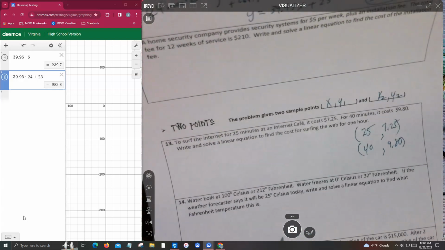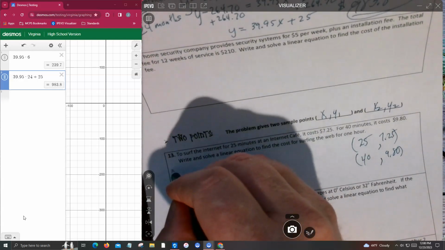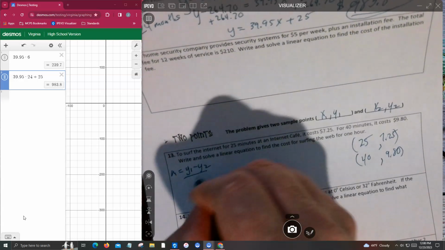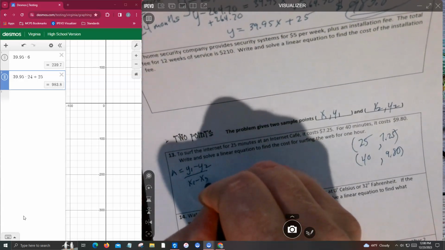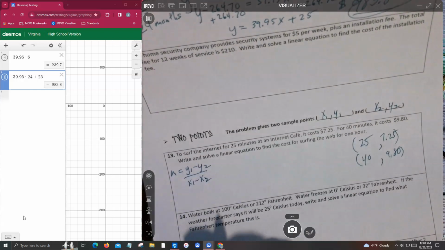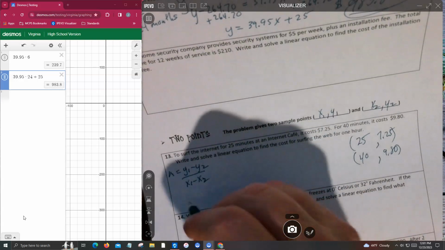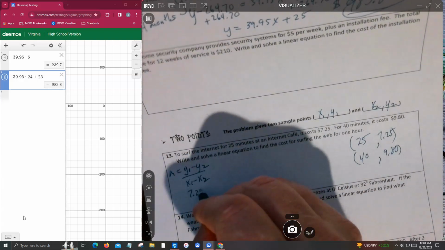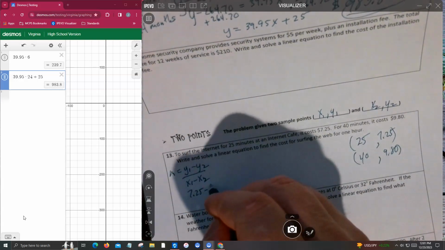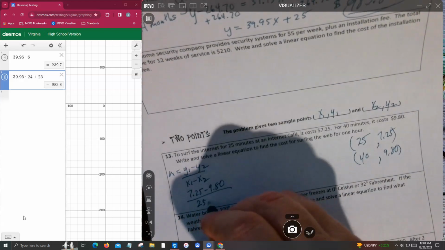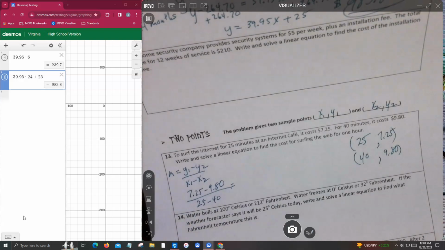So again, just subtract. Remember, slope is y1 minus y2 over x1 minus x2. So we're going to do, remember these are the x's, so be careful. So we're going to do 7.25 minus 9.80 over 25 minus 40. Okay, so I'm going to use decimals for that since I've got it in front of me. Figure this out.